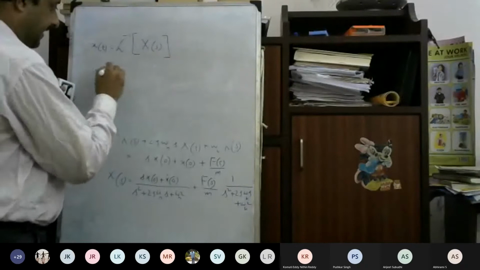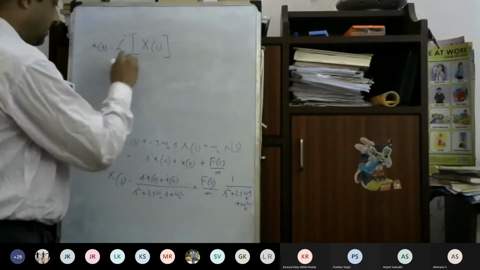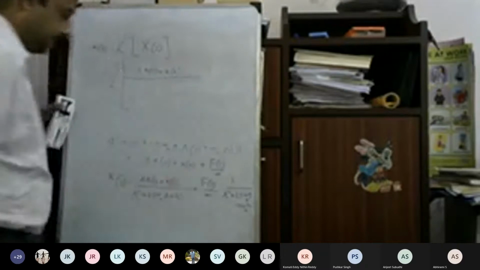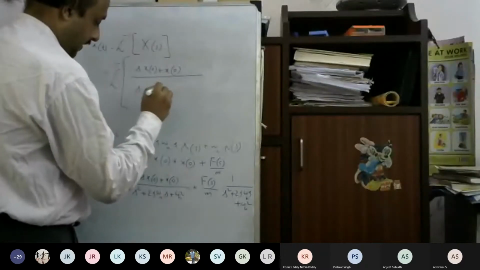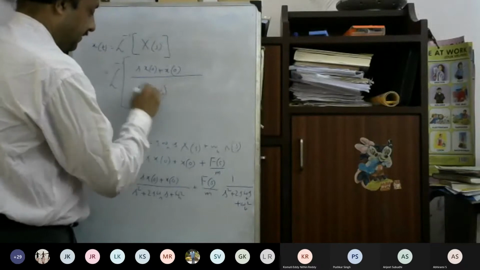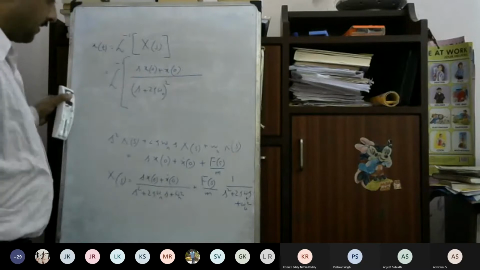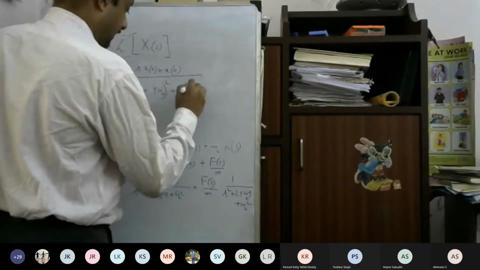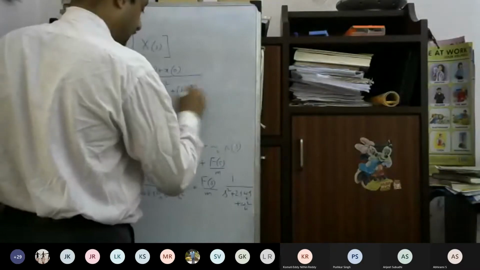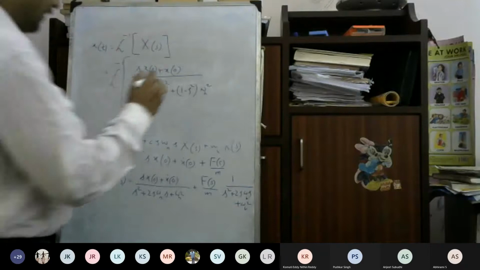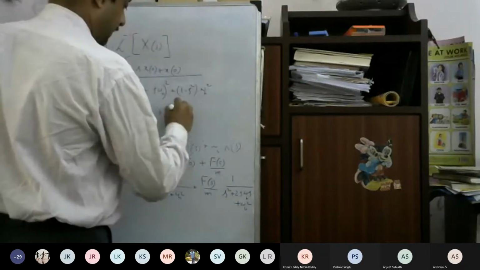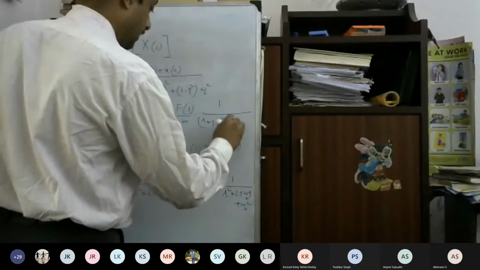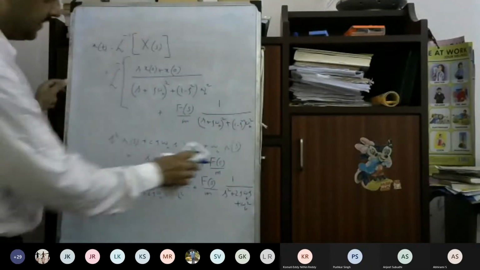So we'll have X(s) equal to s x naught plus x dot naught plus 2 zeta omega n x naught, divided by s square plus 2 zeta omega n s plus omega n square, plus F(s) by m times 1 divided by the same denominator, right?